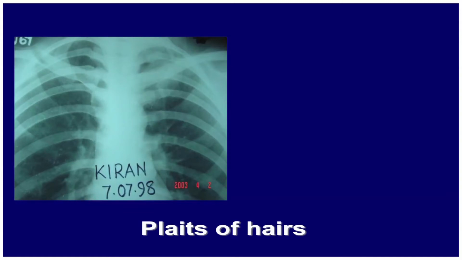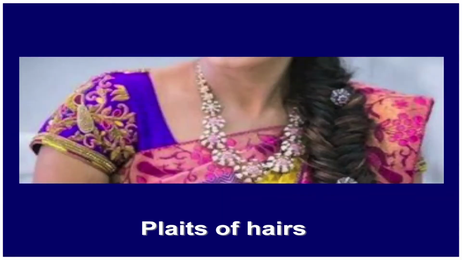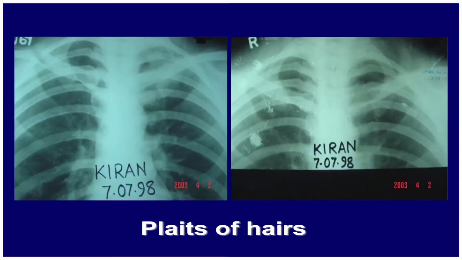Actually, her hair was very beautiful and she had a plait, and when I suspected that this could be because of the plait of hair, we got another X-ray done on the same day after removing the plait, and that shadow had cleared. So, this was a plait of hair causing the shadow.